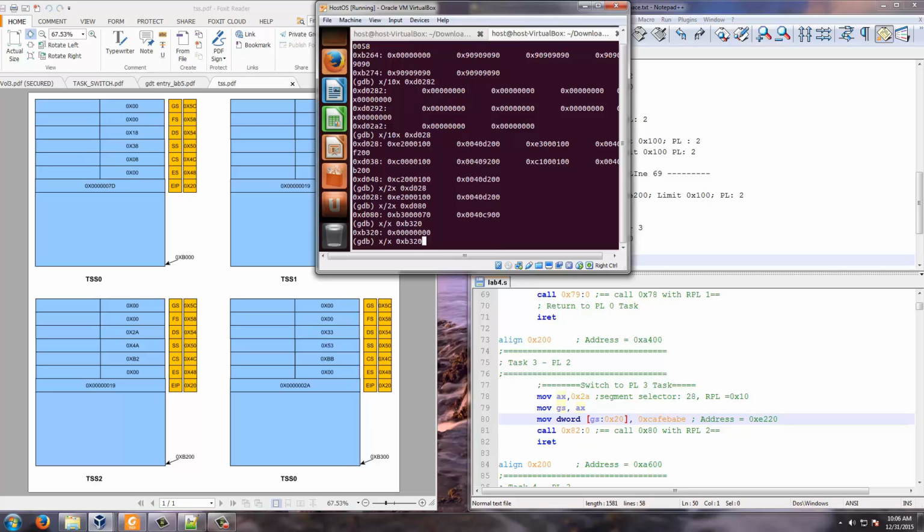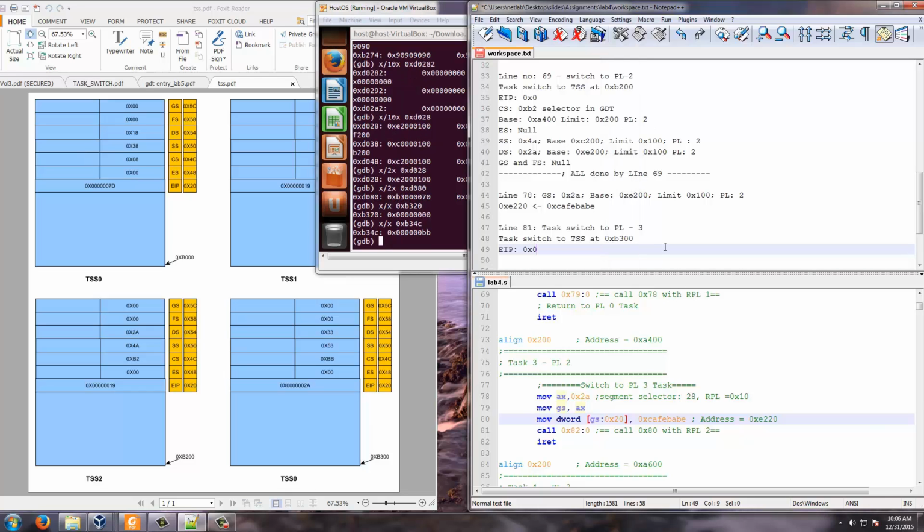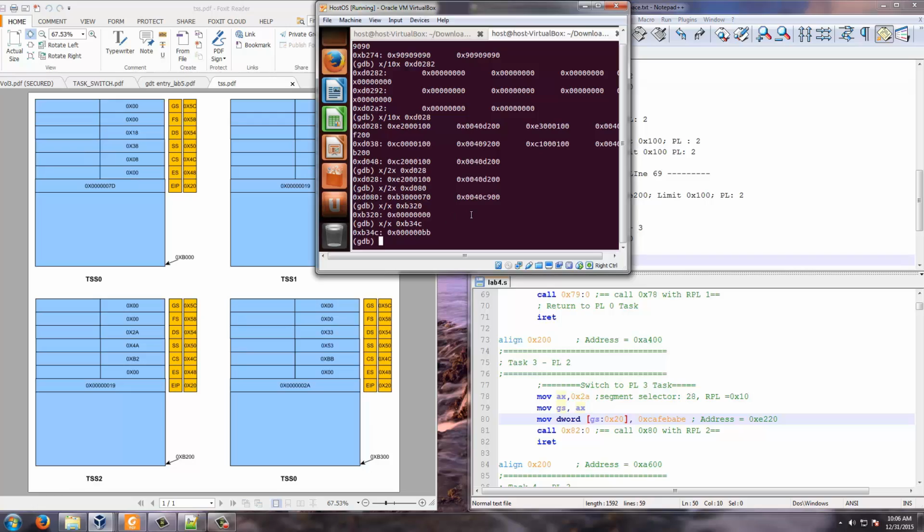And let us see what are all the other things there, like what is your CS. So that will be B34C. Your CS uses a segment BB. So CS is now a segment, BB is 0xB8, right? So with privilege 3. So let us see what is there in that segment in the GDT.